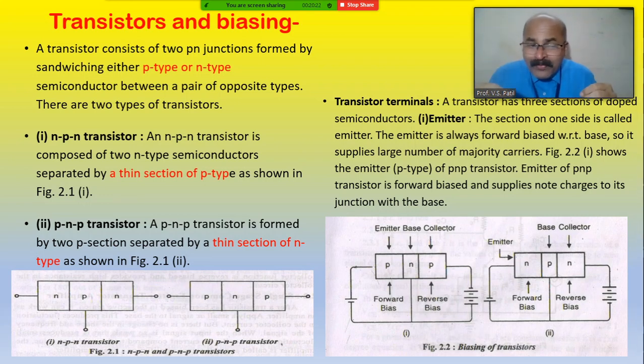We have to do something, and only then can that transistor work in the active region. Unless we do something with the transistor, it cannot work as an amplifier or be switched into the active region.